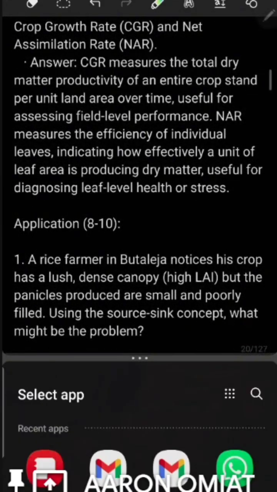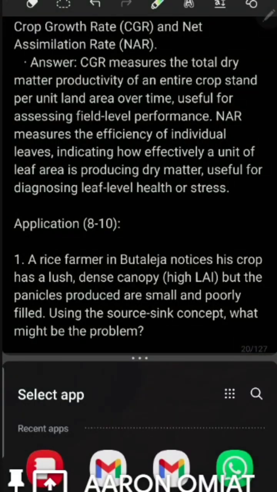Whose question is this? Patricia? A rice farmer in Butaleja notices his crop has a lush, dense canopy, which is a sign of high leaf area index. But the panicles produced are small and poorly filled. Using the source-sink concept, what might be the problem?